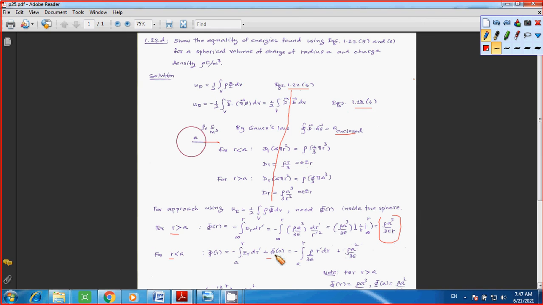What is phi(a)? Take a look at the previous integration for r greater than a. You put r equal to a here, and you end up with phi(a) equal to rho a cubed divided by 3 epsilon r.